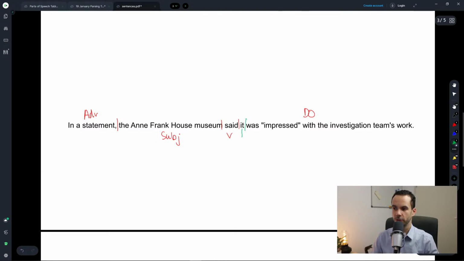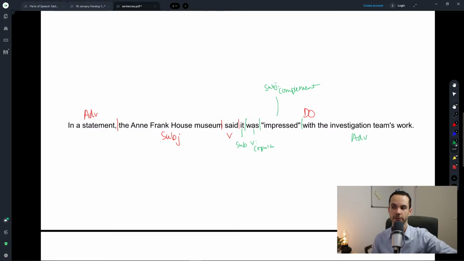It is the subject, was, verb phrase, and remember, was is a copula. So was is our copula. That makes impressed our subject complement. And the rest of the sentence is adverbial. Right? So because we have was, which functions as a copula here, impressed is our subject complement, which means that the rest only becomes an adverbial.